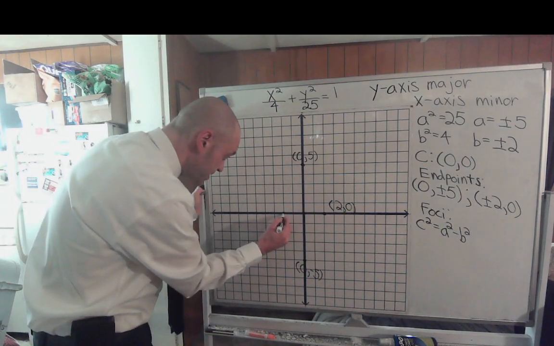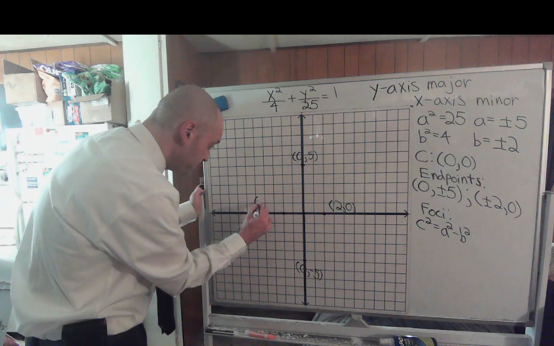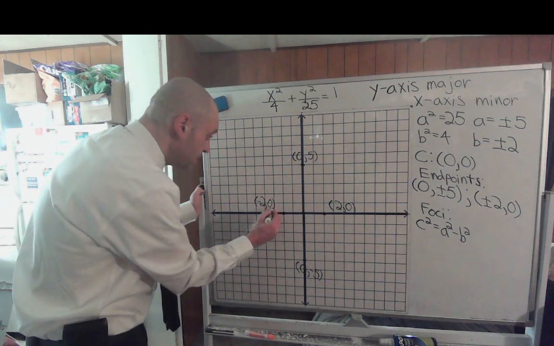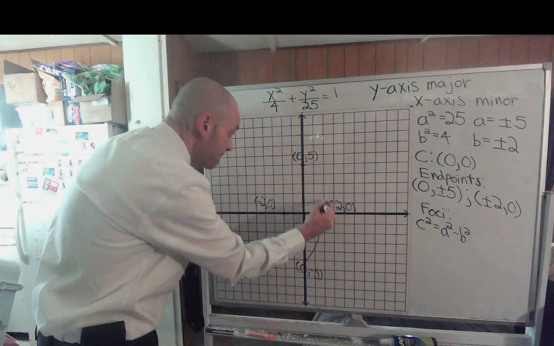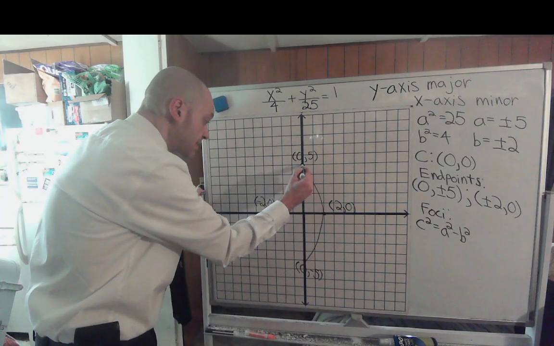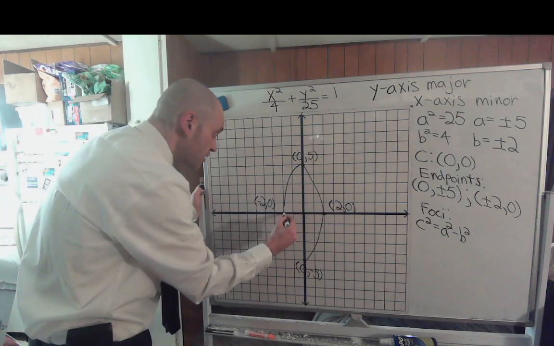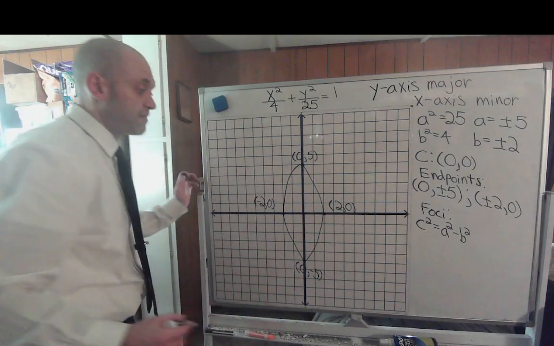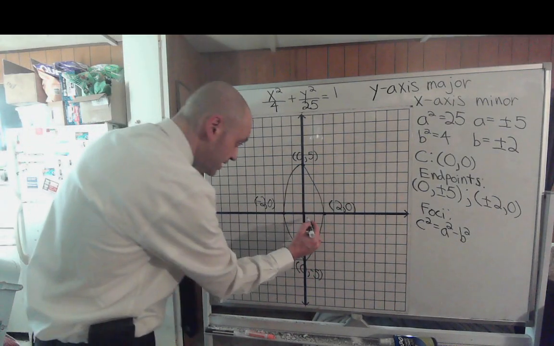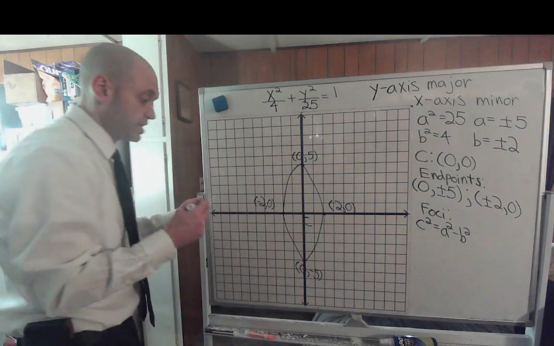Right here is negative 2, 0. And let's go ahead and graph these. Okay, so there's my endpoints. Here's my center at the origin.